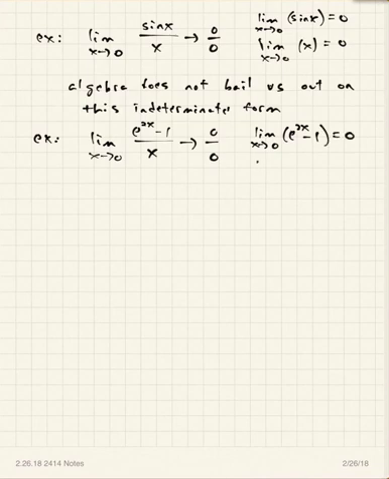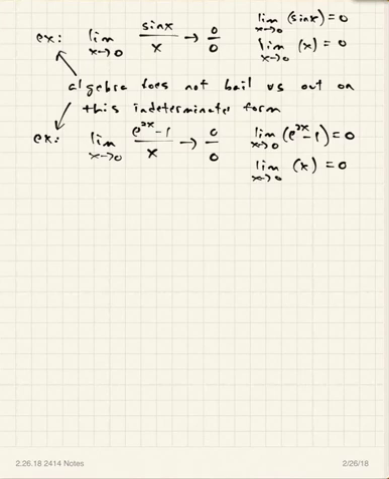And certainly the limit of the denominator is 0 as x goes to 0. So this is indeterminate, but it's exactly like the problem before. Algebra is just not going to bail us out of either one of these examples. And so we've got to come up with different strategies for evaluating an indeterminate form that's going to work in a more general context.